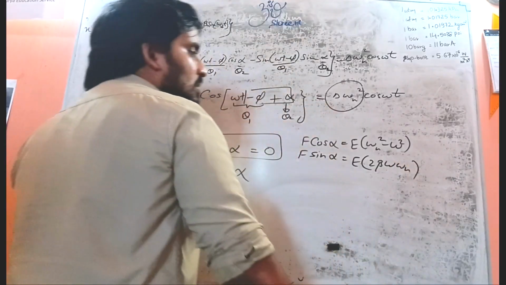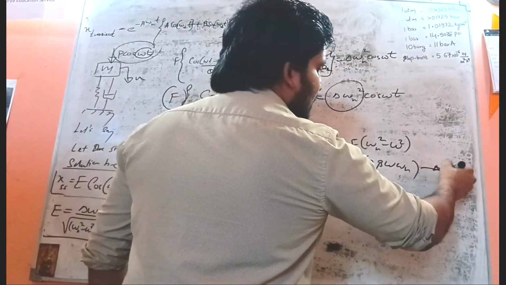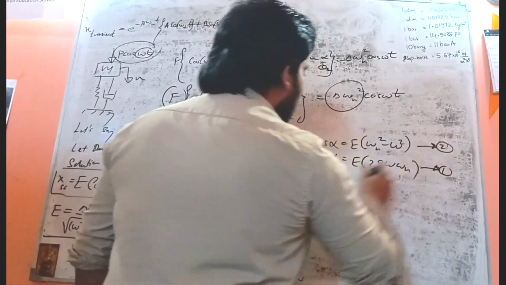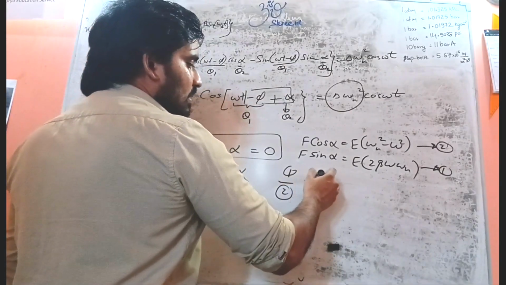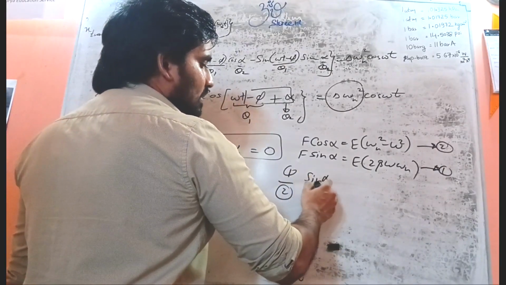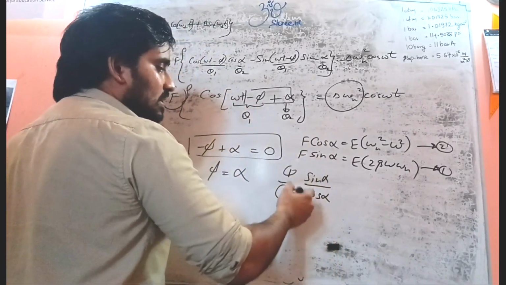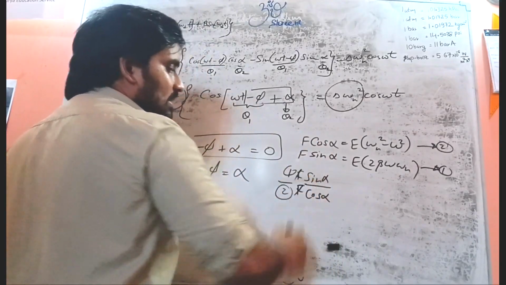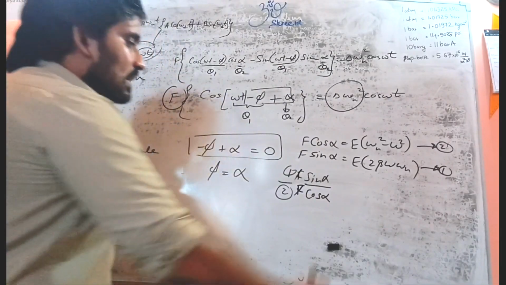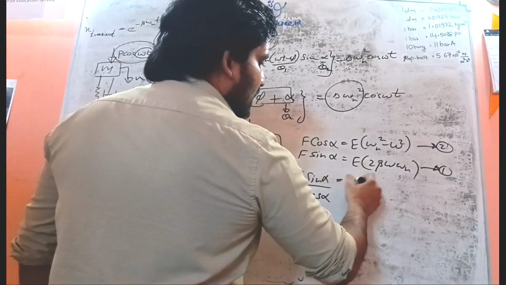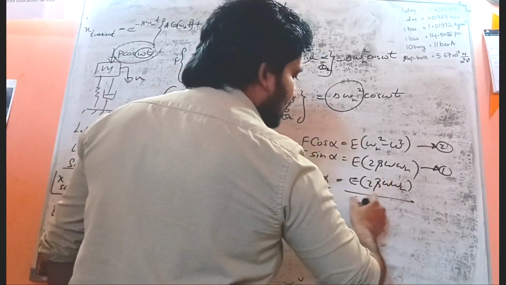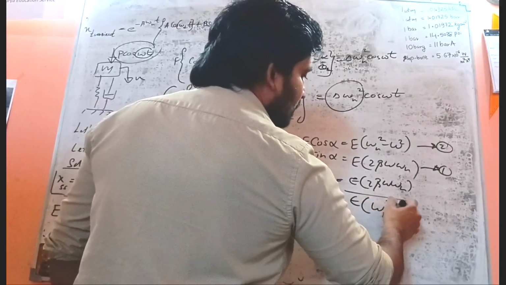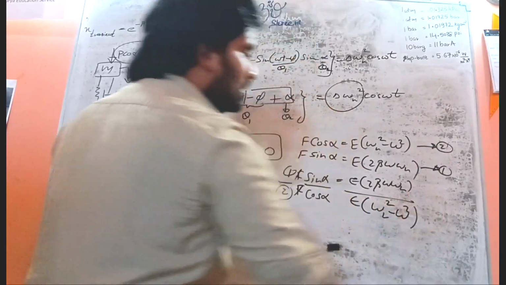Let's call these equation 1 and equation 2. Divide equation 2 by equation 1. You get sin alpha divided by cos alpha, because F to F you can cancel, which equals E times 2 beta omega n divided by E times (omega n squared minus omega squared).